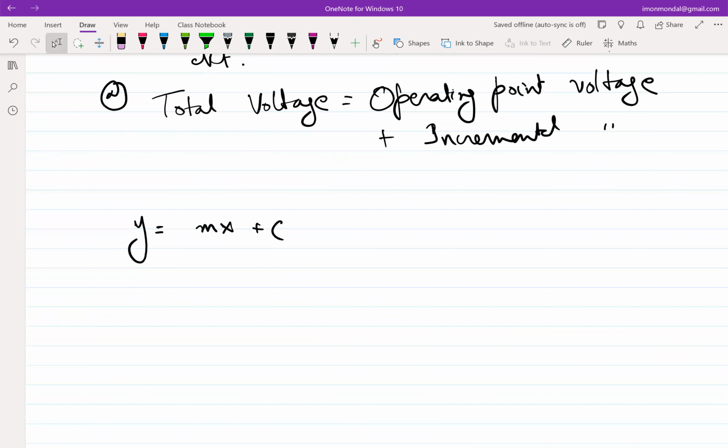But we are not particularly bothered with the full equation of the straight line. We are bothered about the increments, because that's what we are after. So if y equal to mx plus c, what is the relation between del y and del x? Right? So this is perfect LTI. Okay, good question. Thank you.